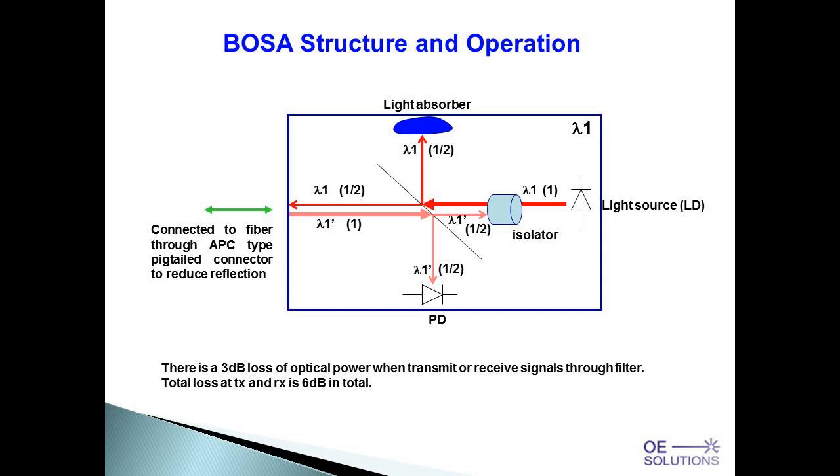So you see here, going out of the laser, you have lambda 1 going out, and it hits the prism, and then half of the light goes into the light absorber, and the other half of the light goes out. And for incoming light, you have lambda 1 prime coming in, and then half of the light goes into the photodiode, and the other half goes into the isolator.